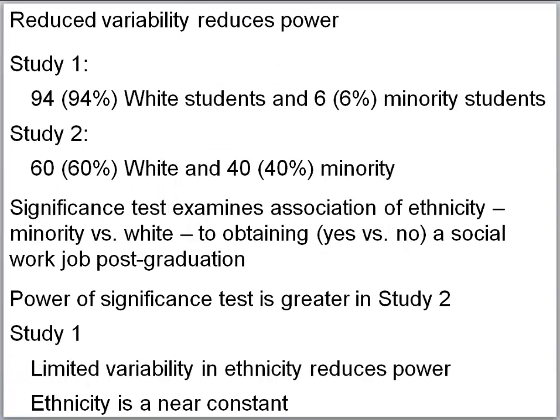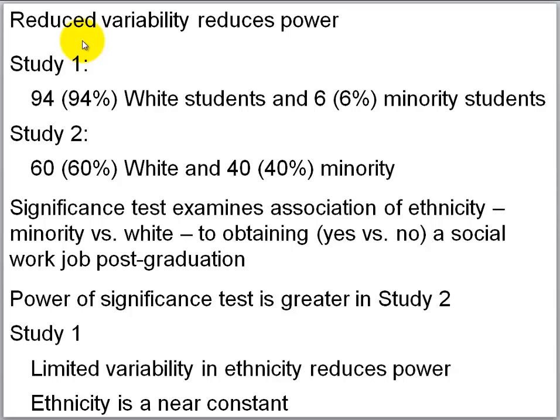Now, reduced variability in either the independent or the dependent variable often reduces power. So let's look at two hypothetical schools of social work. And let's actually keep sample size equal.